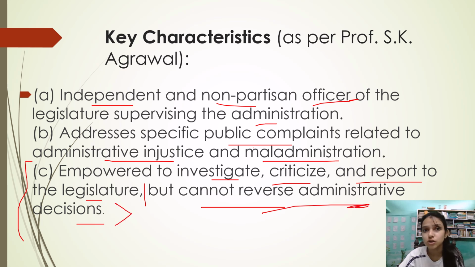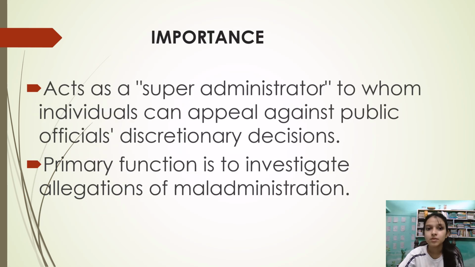So now this is a very crucial part. The ombudsman can do all the necessary things in order to make the wrong things right, but it cannot reverse administrative decisions. Now let us know about the importance of having an ombudsman. It acts as a super administration to whom individuals can appeal against public officials' discretionary decisions.